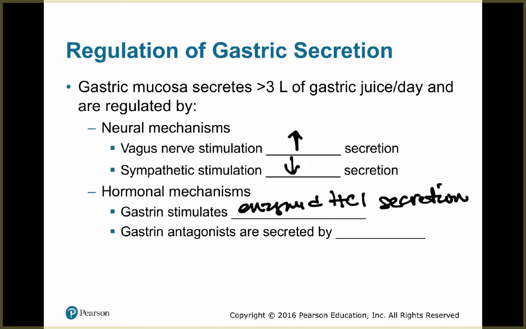Now, gastrin antagonists are secreted by the small intestines. And this makes sense because if it's starting to get into the small intestines, then you can slow down on the production of enzymes and HCl secreted in the stomach, right?